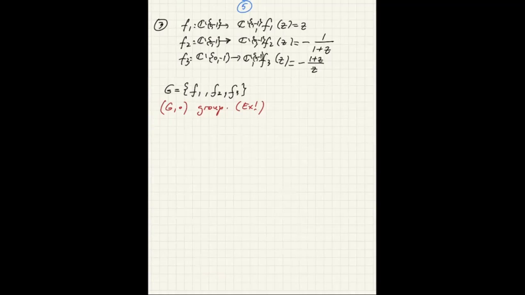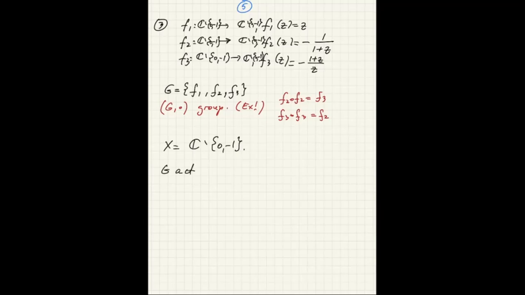Okay, and now one can show that F2 composed with F2 gives us F3, and F3 composed with F3 gives us F2. So this is a group, and now we take as X the set, the complex plane without 0 and minus 1, and we can define an action.